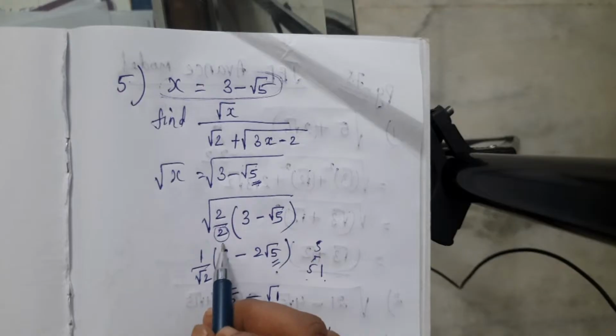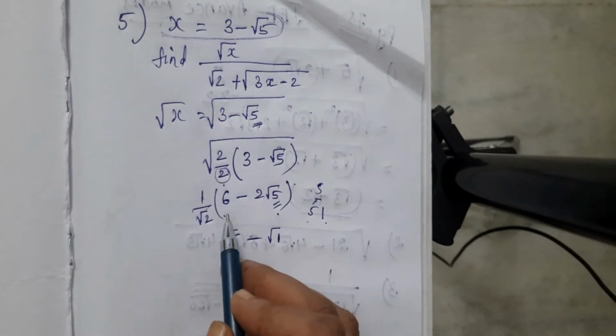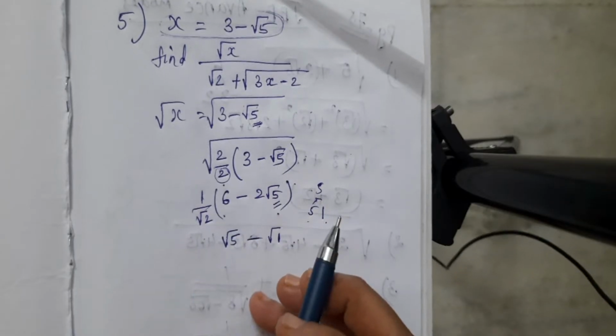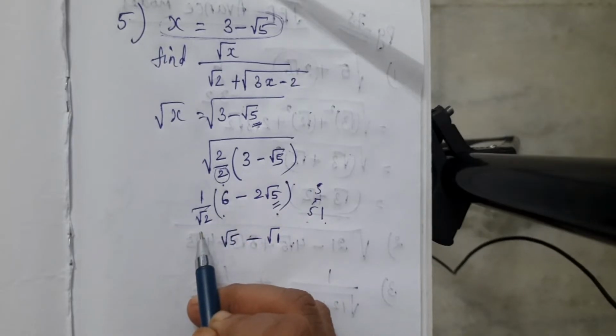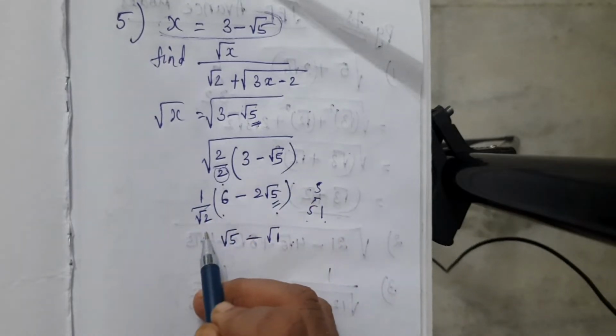Now go on multiplication. 3 2s are 6 minus 2 root 5. And here 2 is remaining, so we will shift it out of the root. So it is root 2.